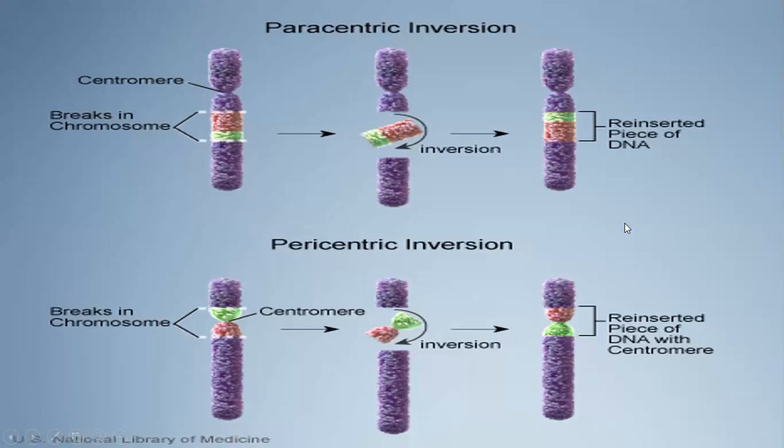So these are two types of inversions. Paracentric, that is without centromere, and pericentric, that is with centromere. We move on.